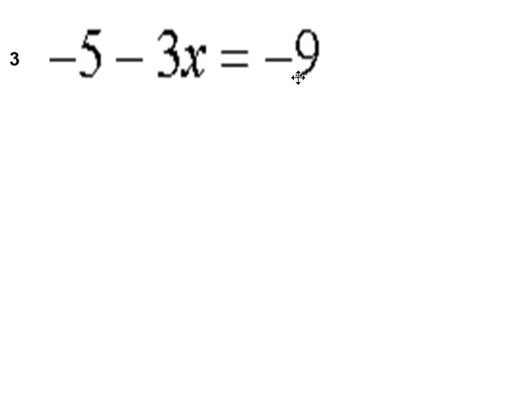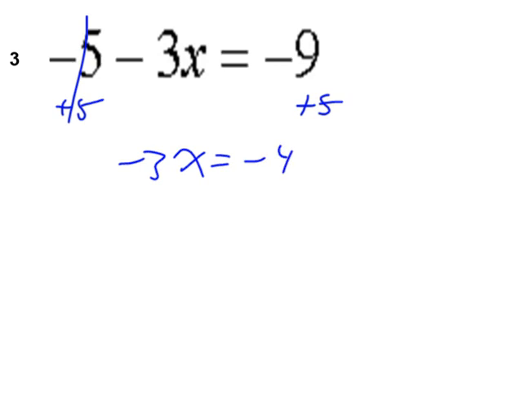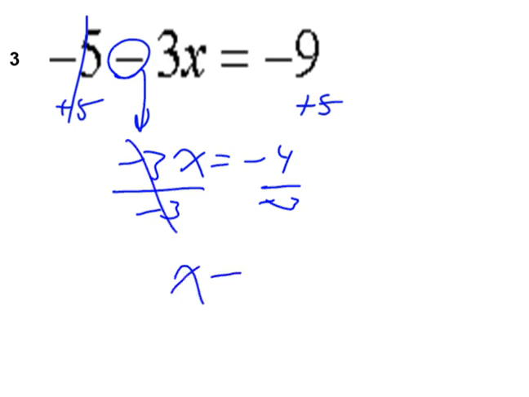So we're going to simply apply opposite operation by adding 5 to both sides. -3x equals -4. Divide both sides by -3. Now remember, the coefficient of the negative symbol that's in the expression itself still stays with the coefficient of 3, so it's -3. And we end up with x equals 1 and 1/3, or 1.3 repeating.